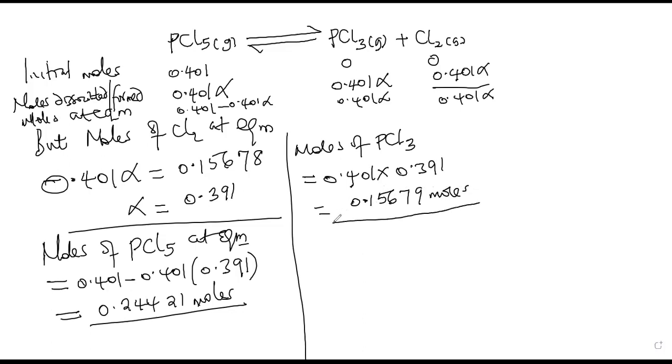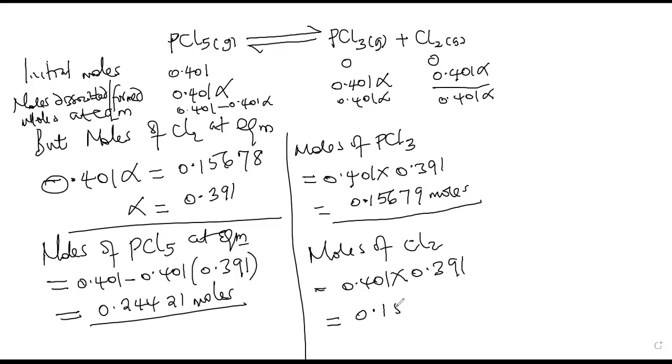Then finally, we can get moles of chlorine at equilibrium. Moles of chlorine at equilibrium would also be 0.401 times the value of alpha, 0.391. And this will read 0.15679.